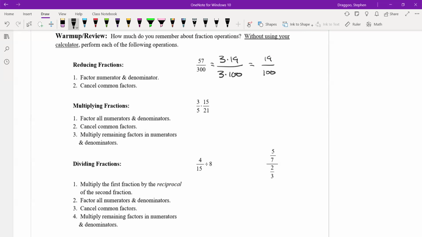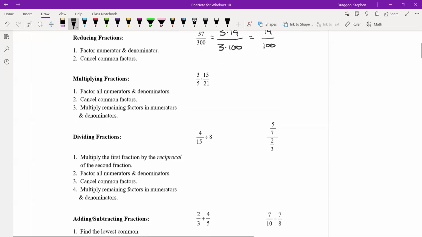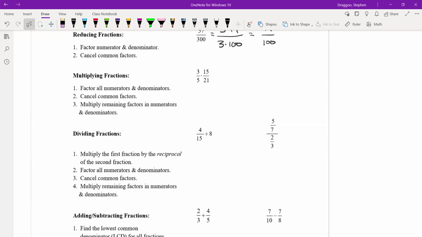Also, we're going to be multiplying fractions. That'll be the same as just multiplying across the numerators and across the denominators. Dividing by fractions will be the same thing as multiplying by a reciprocal. So 5/7 over 2/3 is the same as 5/7 times 3/2. 4 over 15 divided by 8 is the same as 4 over 15 times 1 over 8.